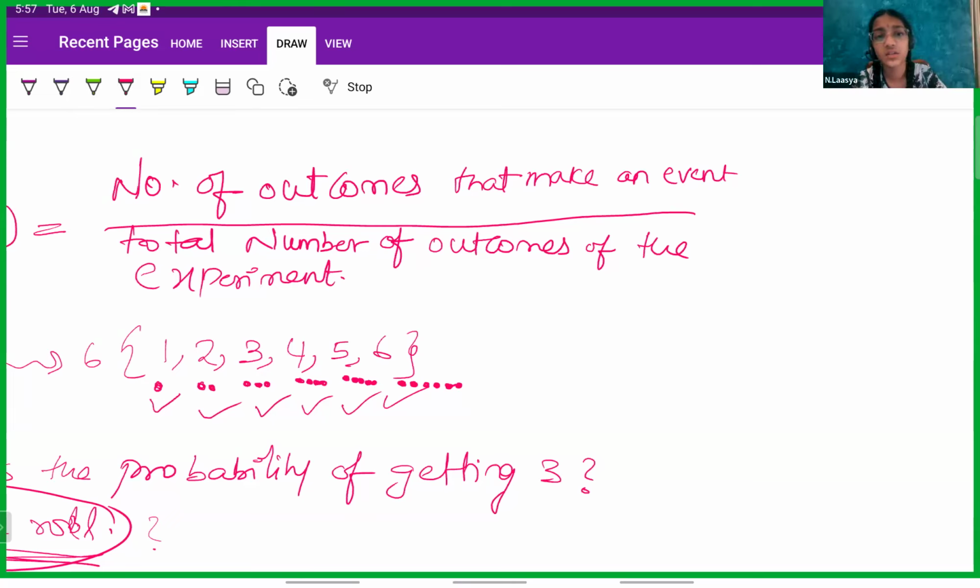How? Explain. Sir, can I tell, sir? No, Zubair, wait. Sir, 2 coins and again 2 times we are throwing, so it will be 4. 2 coins are thrown 2 times, so that's 4.